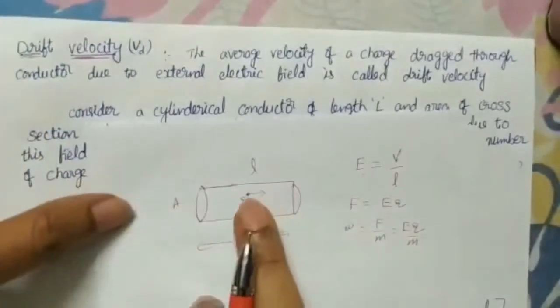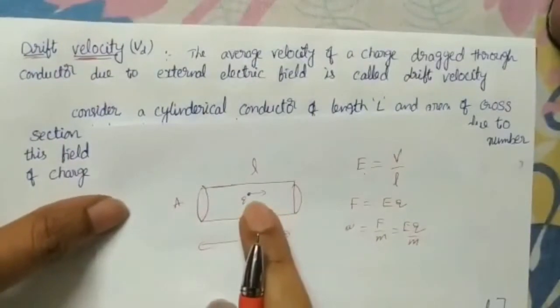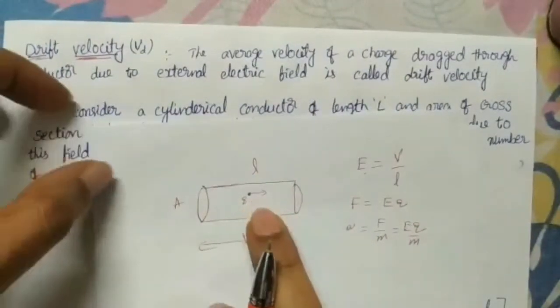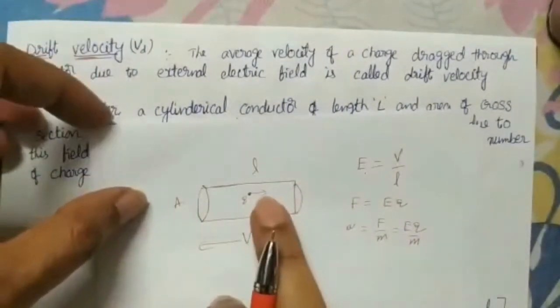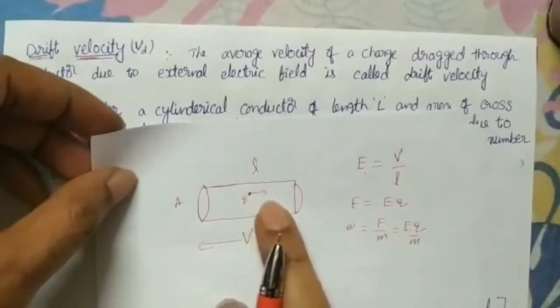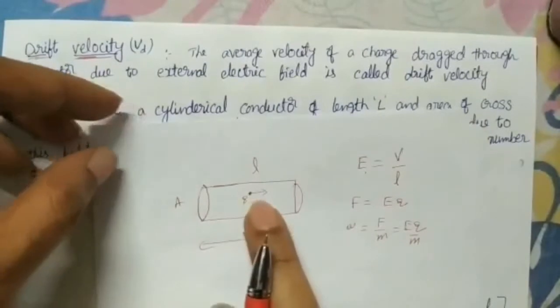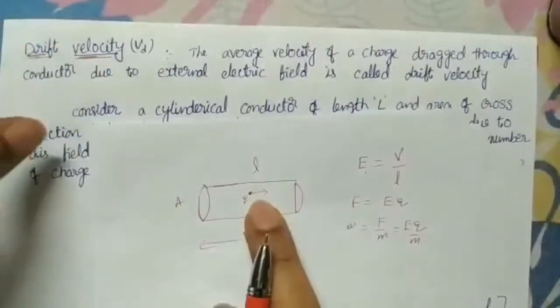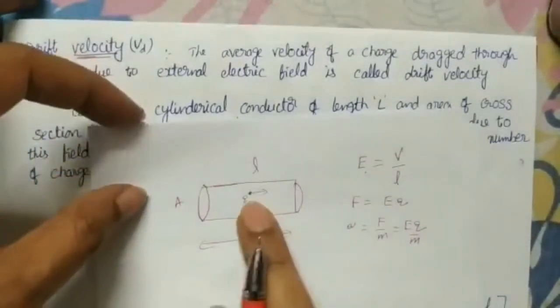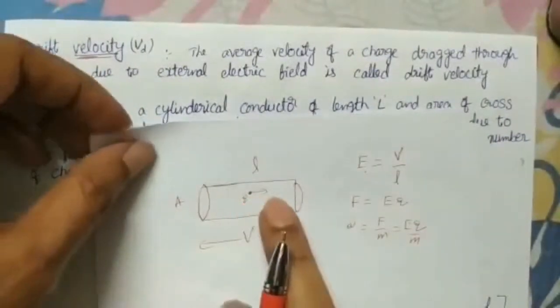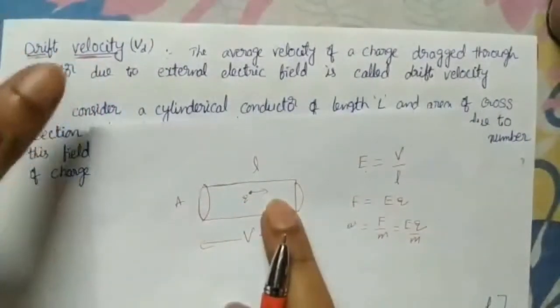But when it is increasing its speed, it may collide with other charge carriers which are moving randomly here, and may collide with the atoms of this material. Because of that, the gained velocity will be lost, and it loses the kinetic energy it gains.